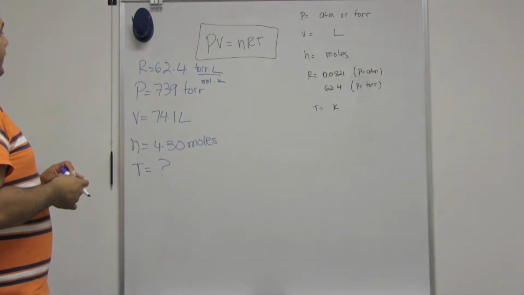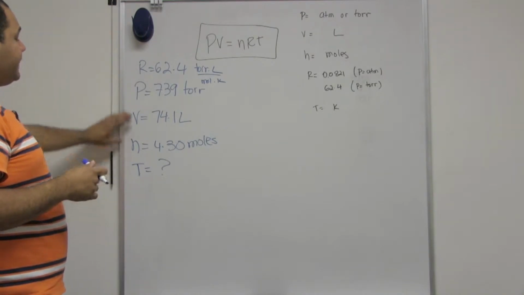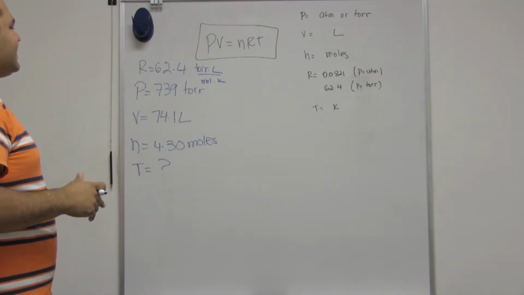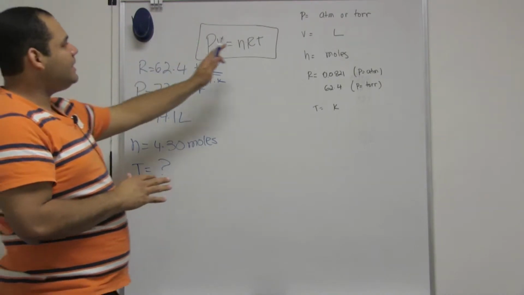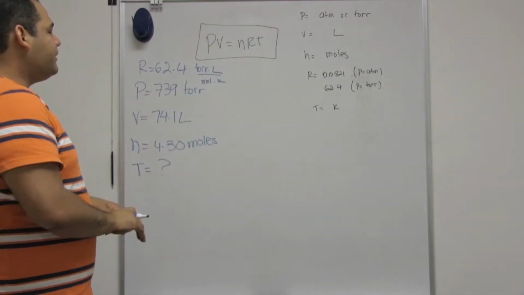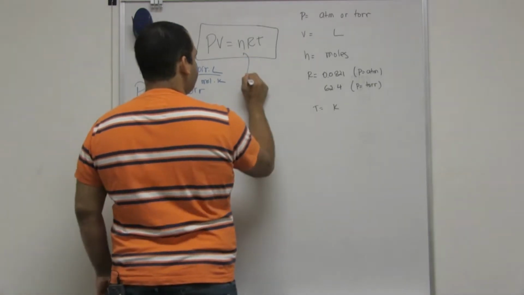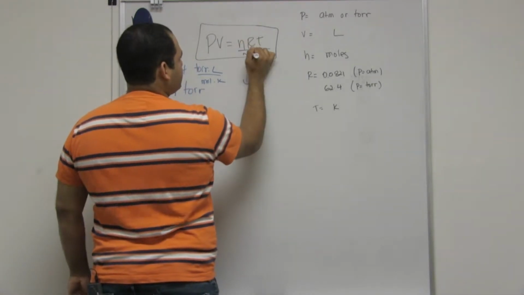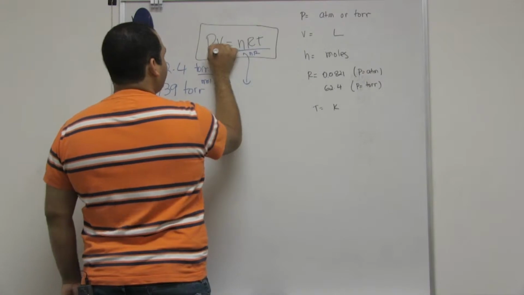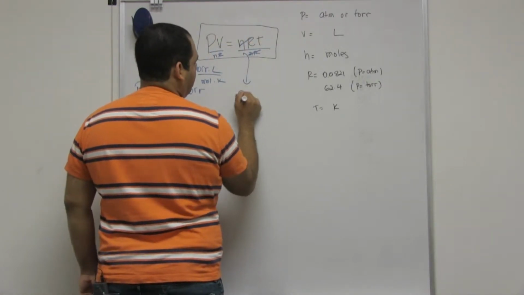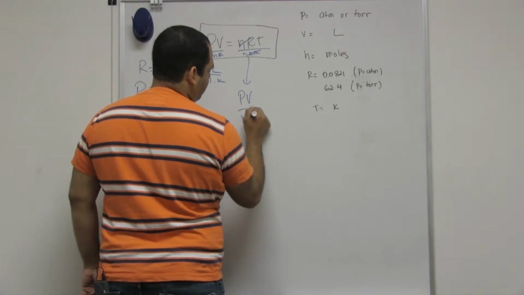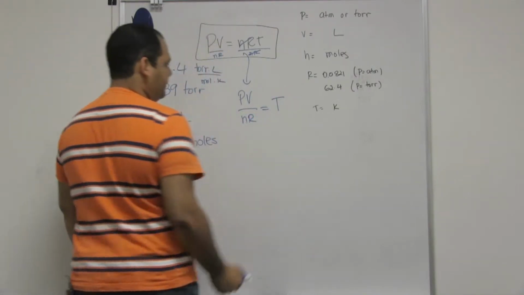Now that I have, and I always like to write down everything that the question gave to me, so it makes it easy to plug into my equation. I'm solving my equation for T first because I'm trying to find T. So I want T by itself. I can divide this side by nR and divide this side by nR. So nR will disappear.